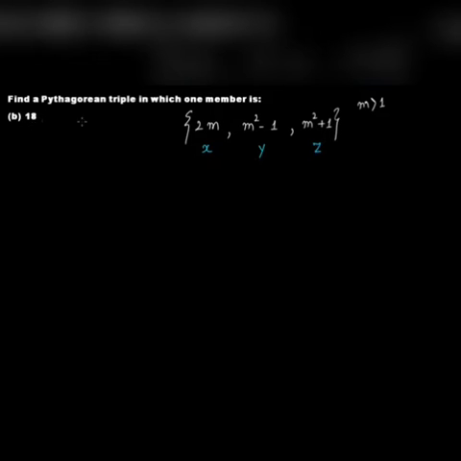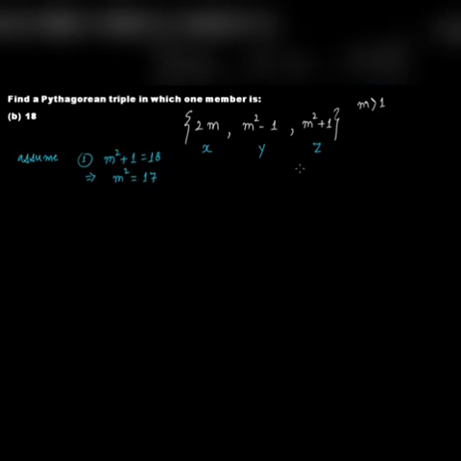We don't know whether 18 is x or y or z. Let's assume that 18 is actually m squared plus 1, that is z. So m squared plus 1 is equal to 18. So m squared gives you what? 17, right? Now when you put m is equal to 4, 4 squared is 16. No, it is not equal to 17.